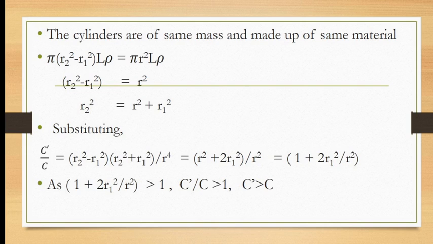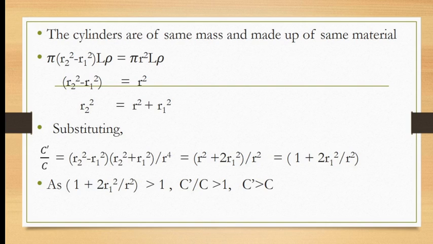We know that mass is density into volume, by the relation density is equal to mass by volume. So both the cylinders have the same mass, so we equate the expression of mass for both cylinders. And since they are made of the same material, the density will be the same for both cylinders. So we can take the density as rho itself.